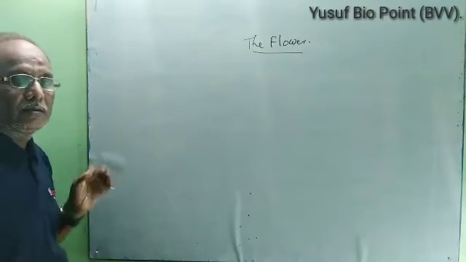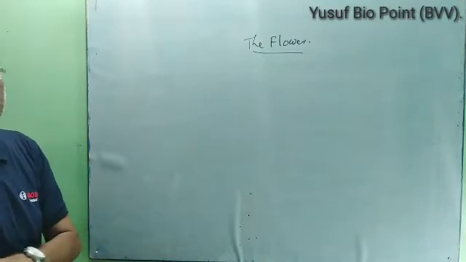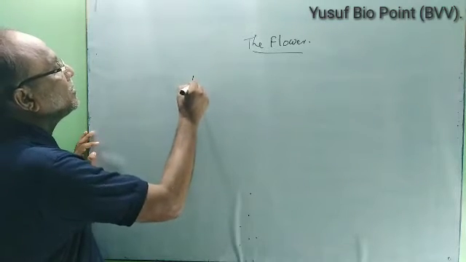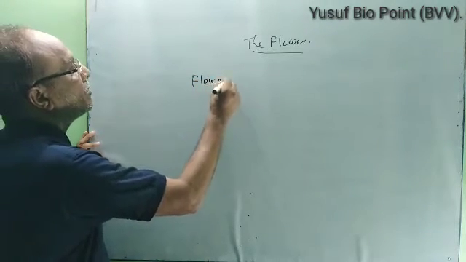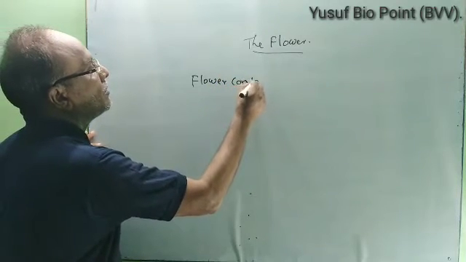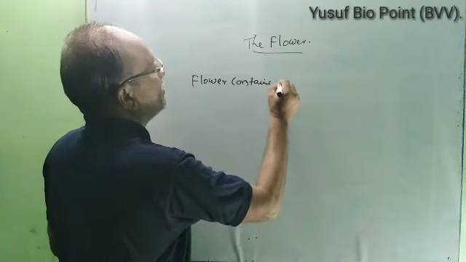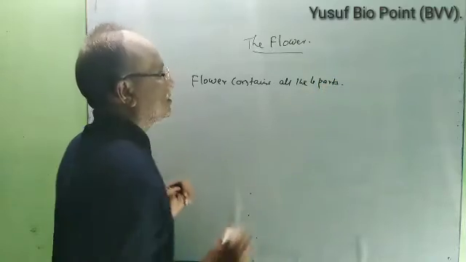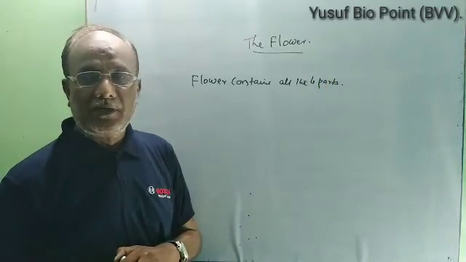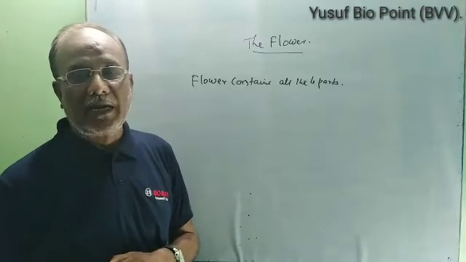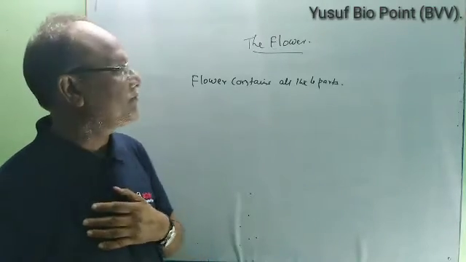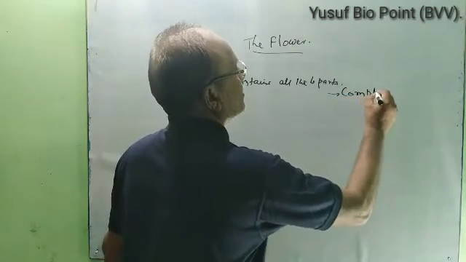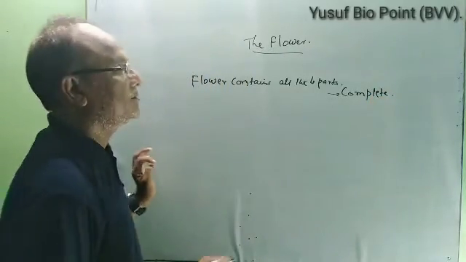Now some terms which are used to describe the flowers. If the flower contains all the four parts, that is sepals, petals, stamens and pistil, means calyx, corolla, androecium and gynoecium, that will be called a complete flower.